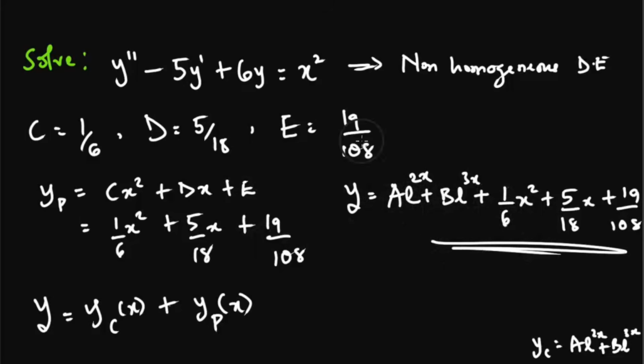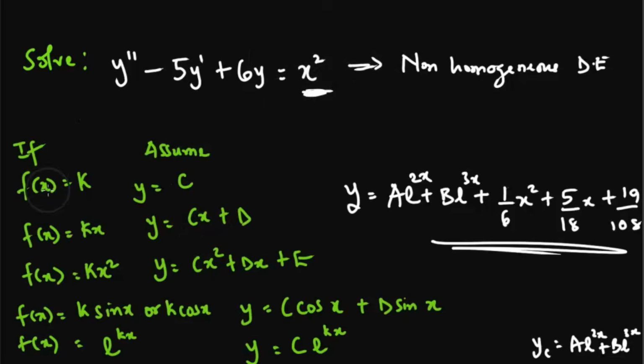Now, before you go, remember I said we have 6 assumptions for 6 different types of functions. So here are the 6 different types of functions and the assumptions we have. If we have a constant, like 5, 10, 20, 15, whenever we have a constant k, we assume that the particular solution is a constant c.